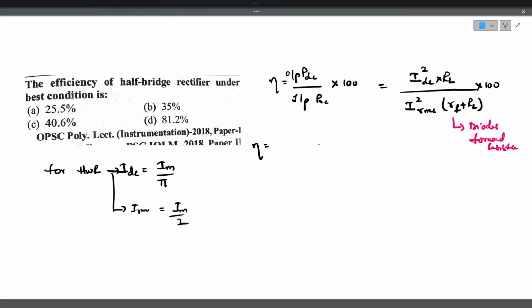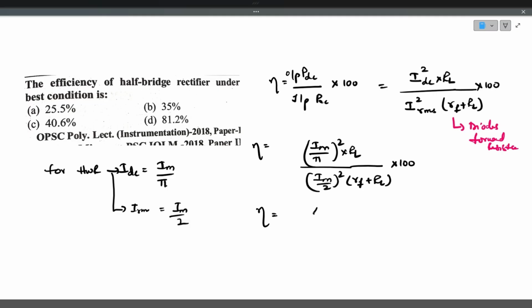Substituting these values, we get (Im by pi) whole square into RL divided by (Im by 2) whole square multiplied by (small rf plus capital RL) into 100, which equals 40.6 divided by 1 plus small rf divided by capital RL, into 100.